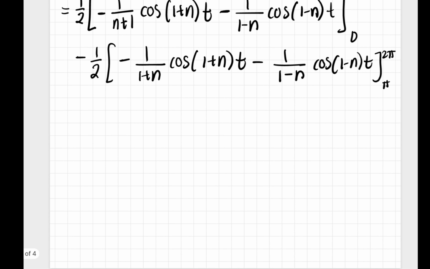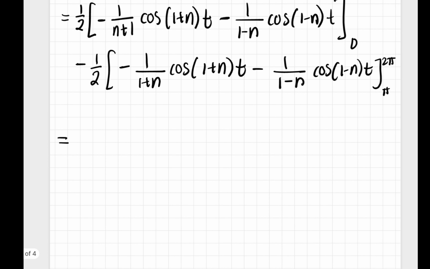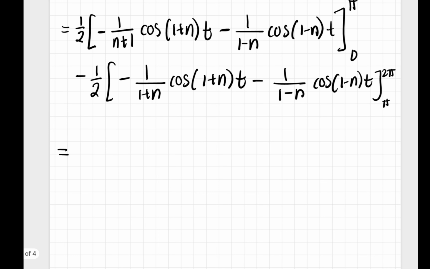Now, since we have solved this integrand, let's start to put in the values. So 0, pi, and 2 pi are values of t, so let's replace them.